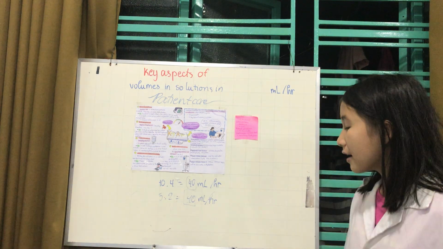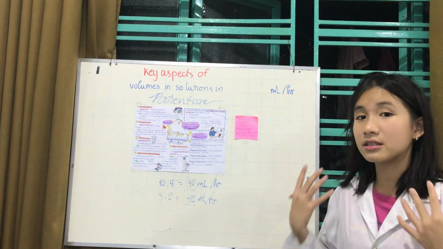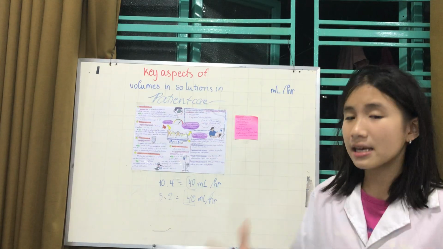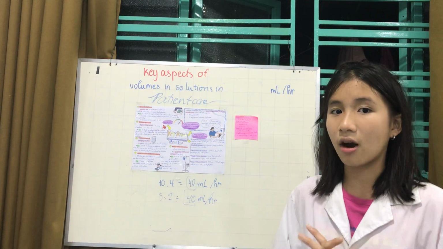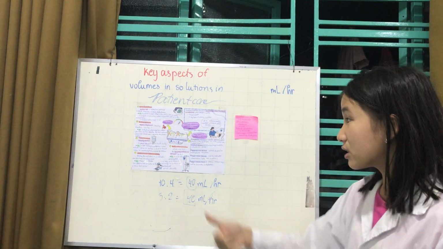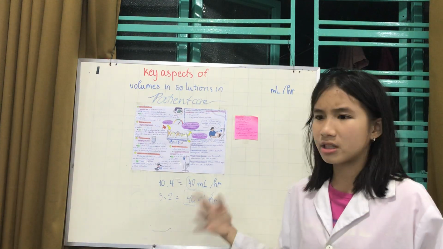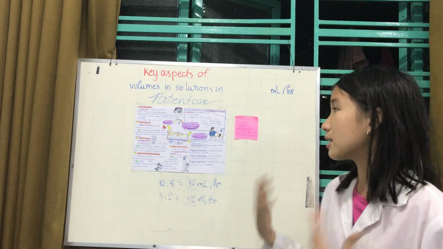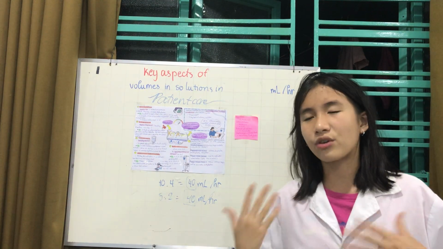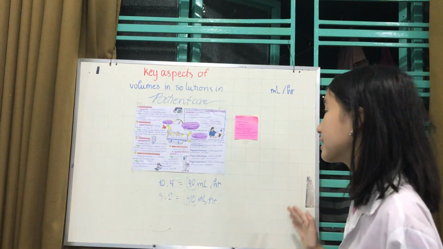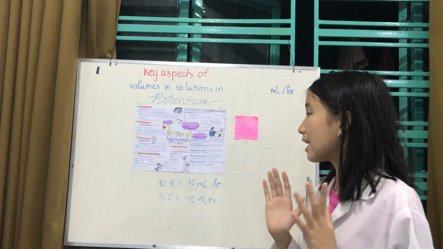Finally, the last part, I'll be discussing the key types of volumes in solutions. There are 5 main parts as well. There are the crystalloid solutions, which are solutions carrying sodium chloride or other electrolytes, for example 0.9% normal saline and lactated ringers.